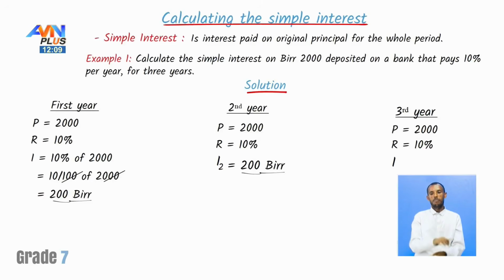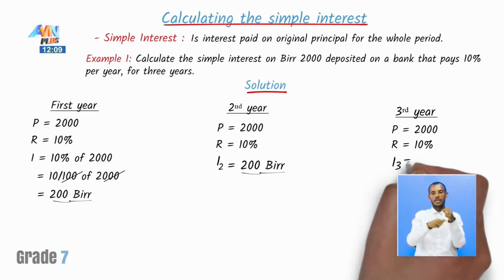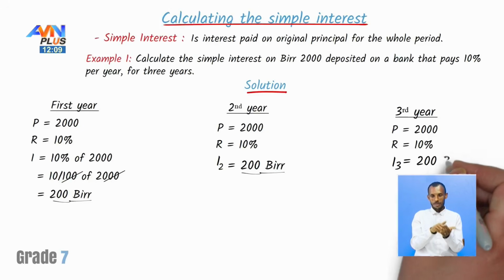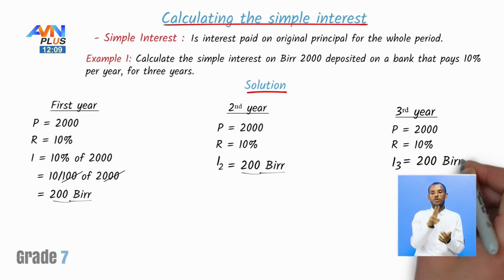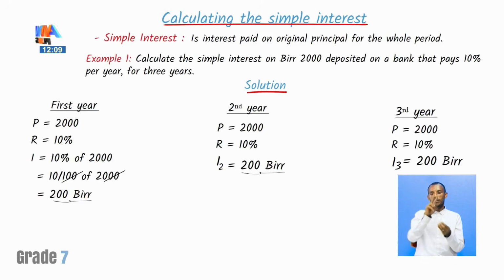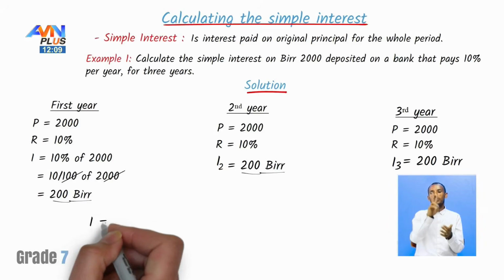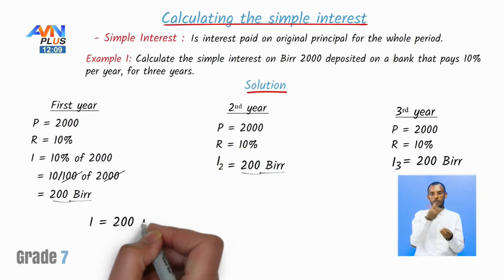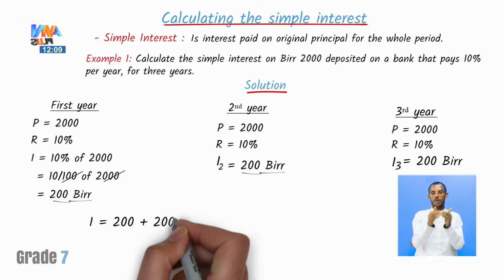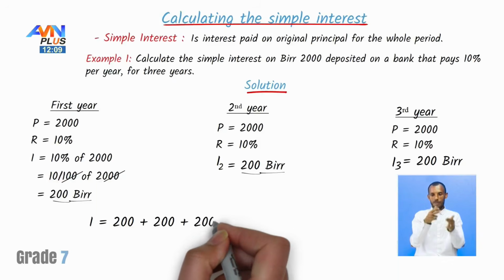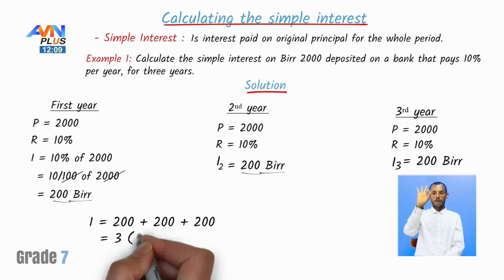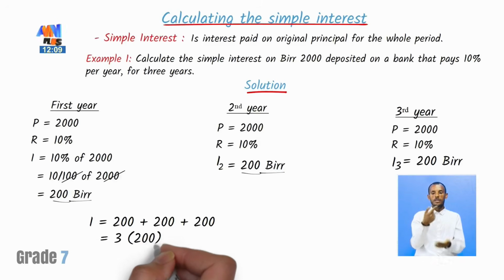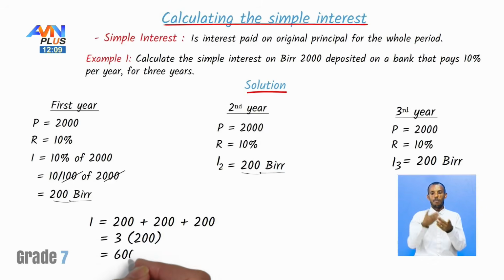Therefore, the total interest for the 3 years will be 200 plus 200 plus 200, which is equal to 3 times 200. So you will have 600 birr. This will be the simple interest.